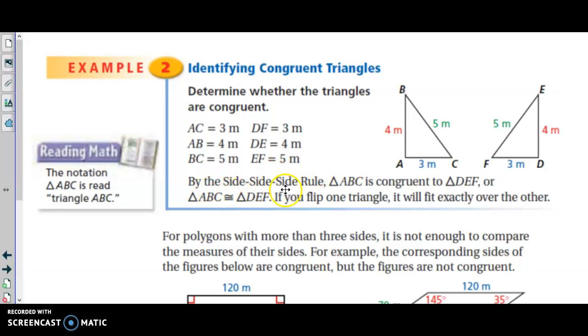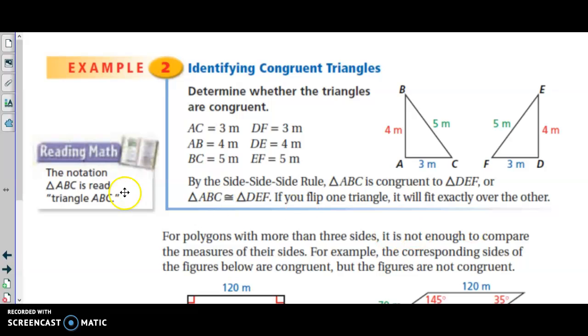Using the side rule, triangle ABC is congruent to triangle DEF. Notice the notation: triangle ABC is congruent, an equal sign with a wave over the top of it, to triangle DEF. If you flip or reflect one triangle, it will fit exactly over the other.